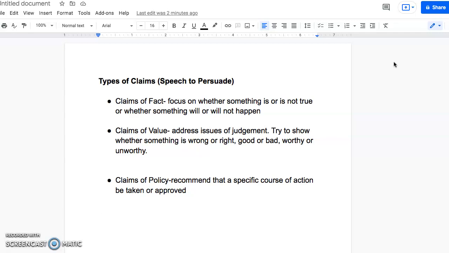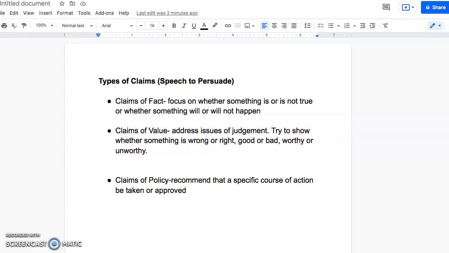These are both claims of policy. They recommend a specific course of action be taken or approved. And remember that your claim answers the question, what are you trying to prove? So these are three different types of claims.